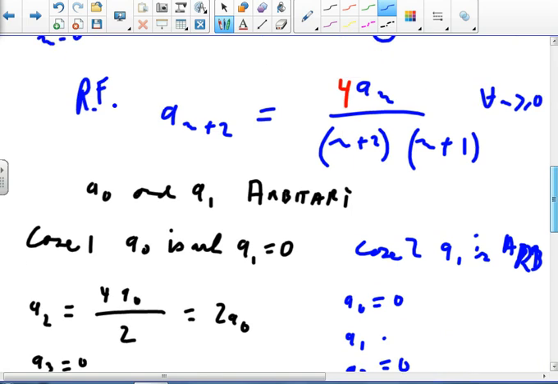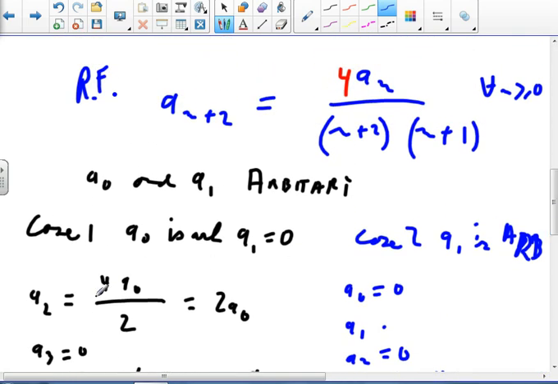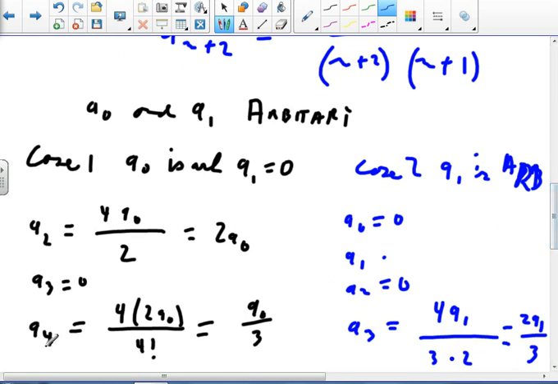Now, why don't we have such nice things happening over here, I wonder? a2, 4a0 over 2, that's right. a4 is going to be 4a2, not divided by 4 factorial, but divided by 4 times 3, right?